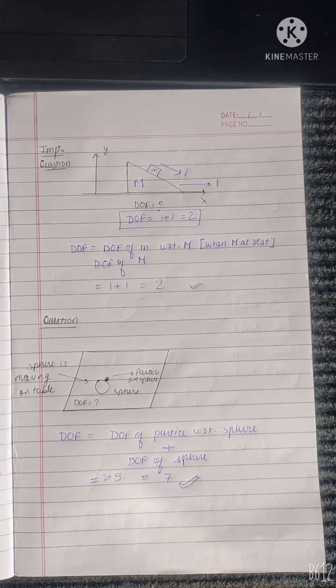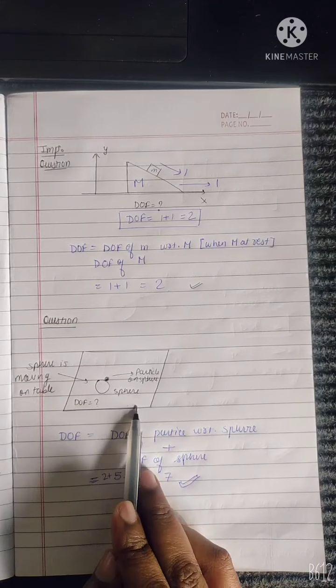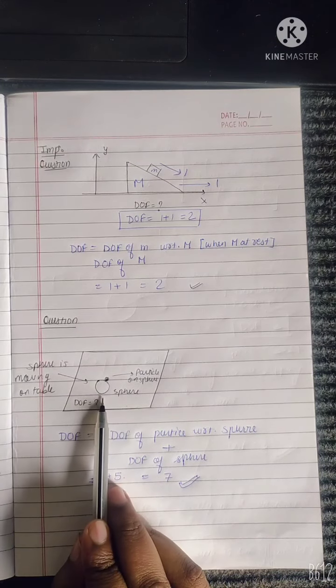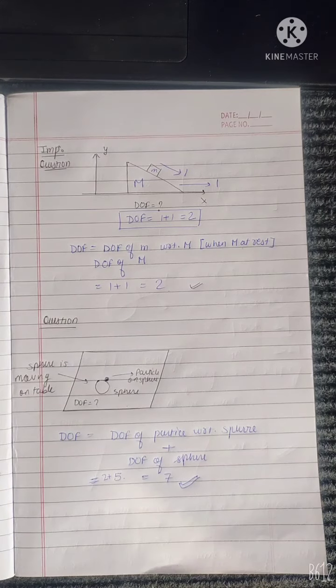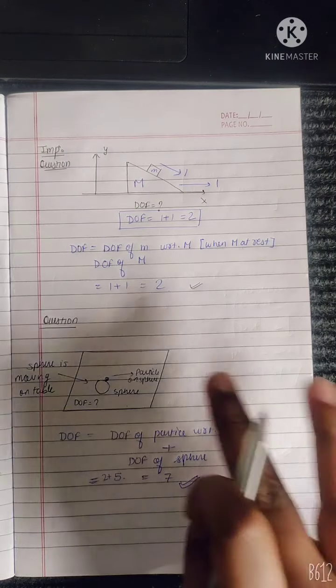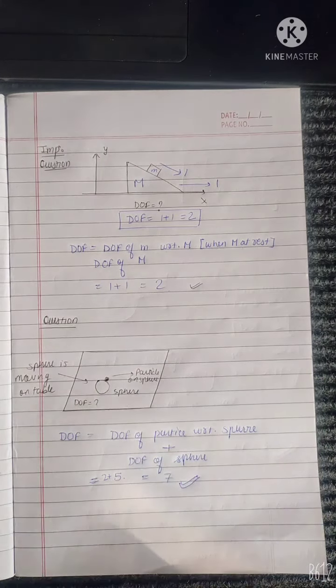Another example which is similar to this but a better one. Here is a table, there is a ball or sphere on the table, and that sphere has a particle on its surface. Now you need to calculate the degree of freedom of the system. The sphere is moving, and the particle above the sphere also moves.